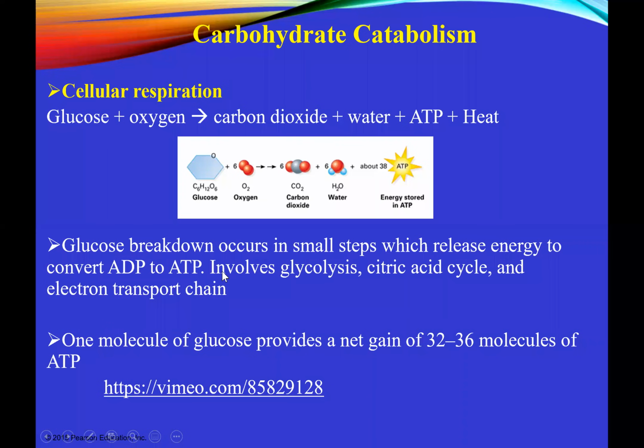So the three steps that are involved are called glycolysis, citric acid cycle or Krebs cycle, and electron transport chain. There's a very nice video I want you all to watch about the process of cellular respiration. So kindly do it later. It's a 3 or 4 minute video.